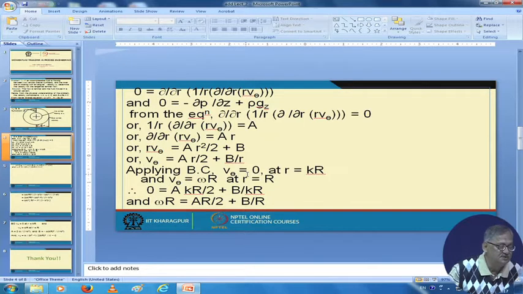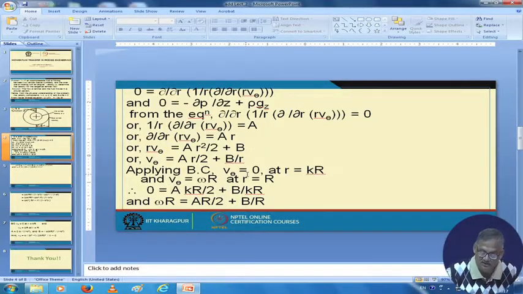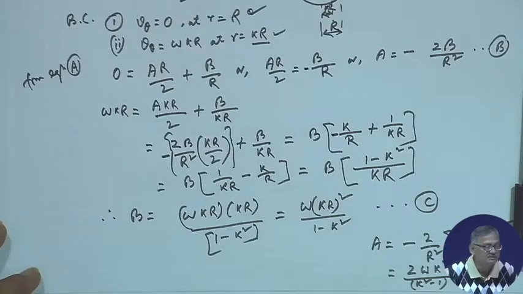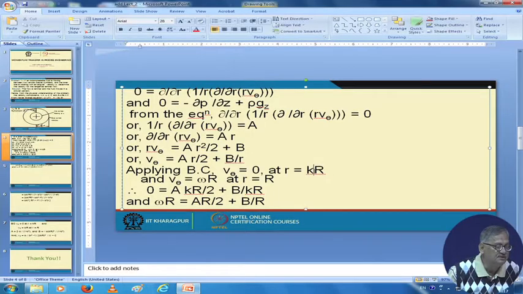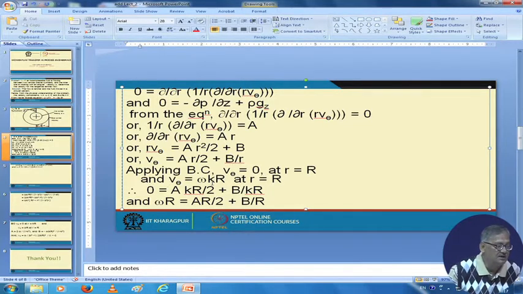that the boundary condition is a little different, because here we have done the boundary conditions that V theta is equal to 0 at r is equal to R, right. So instead of that we write here V theta is equal to 0 at r is equal to R, and V theta is omega K R. So here it is omega K R, right, and at r is equal to, there it is K R, right.